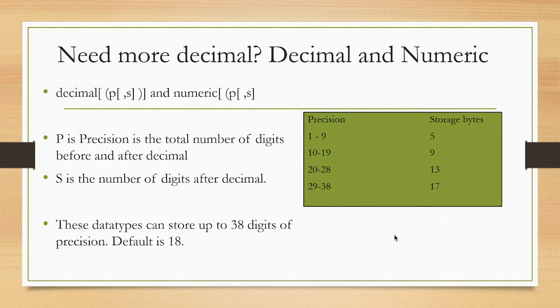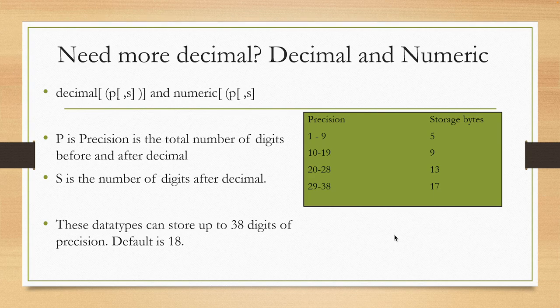Here you get the concept of precision and scale. Precision is basically the total number of digits before and after the decimal. So if you define decimal with a precision of 18, which is the default, in total it can have 18 numerical digits, and the scale is how many numbers you will have after the decimal.